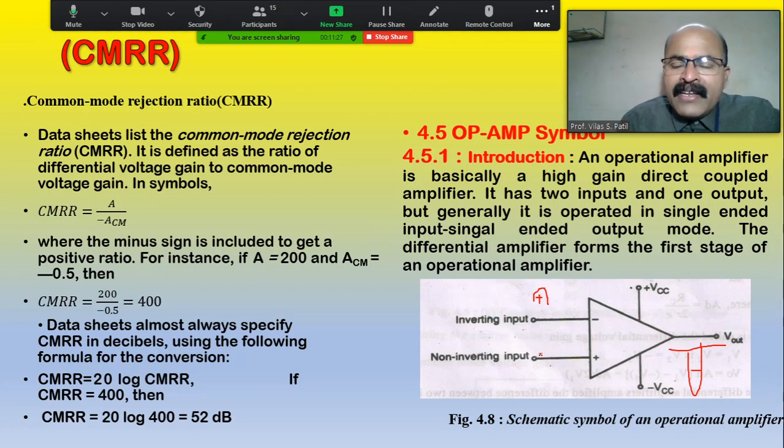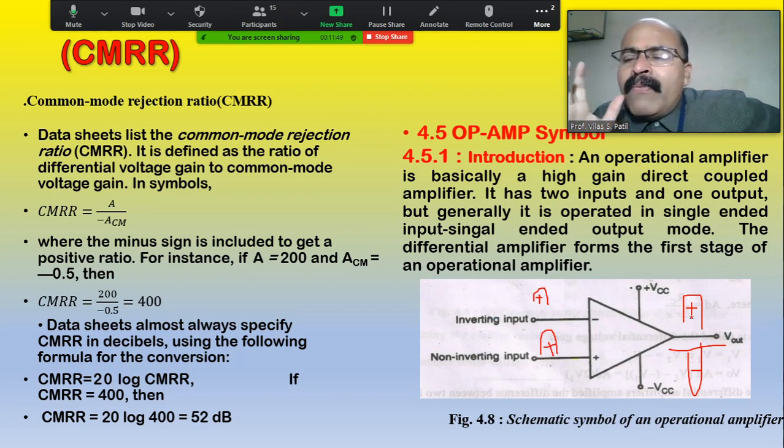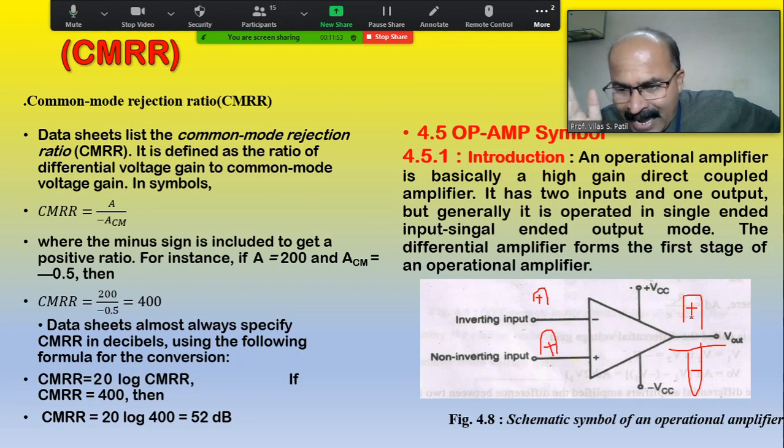Then non-inverting: if there is a positive half cycle at the input, the output will be in the positive half cycle. It means the phase inversion will not be seen between these two terminals. If we compare the output between these two terminals, the phase shift or phase inversion does not appear.